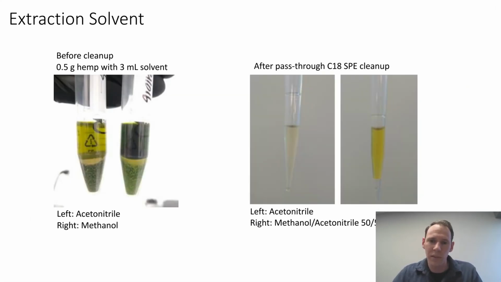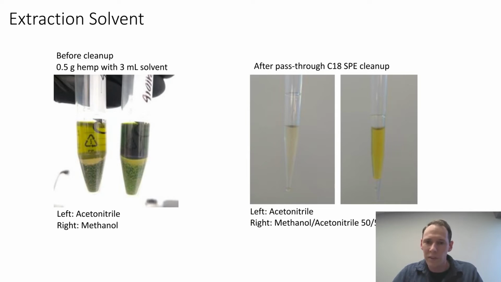Unfortunately, the problem with methanol is that it does appear to co-extract some of those more undesirable matrix components that can be problematic, such as chlorophyll. You can see here on the left image a comparison of just the visual color of the extract, acetonitrile versus methanol. You can see that the methanol extract has a much darker green color.